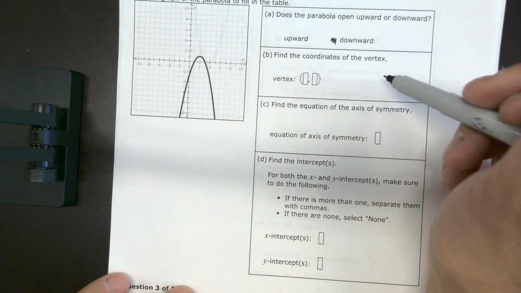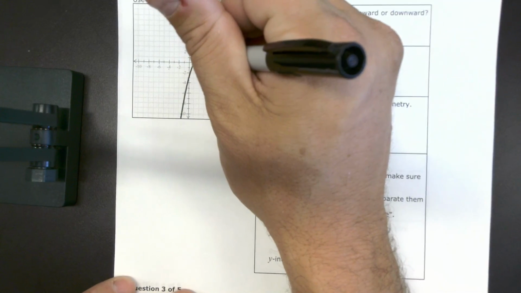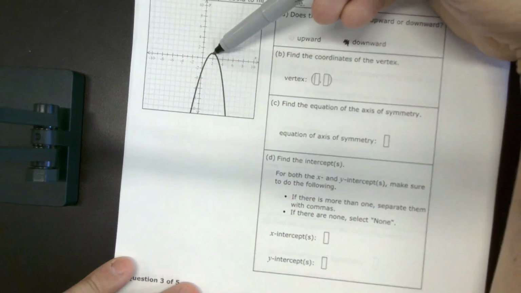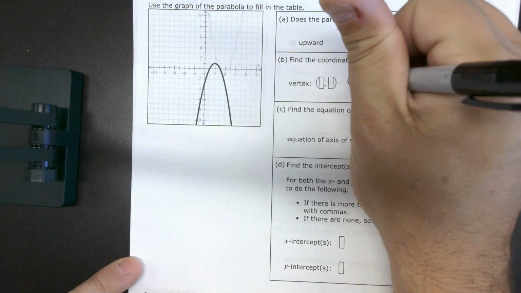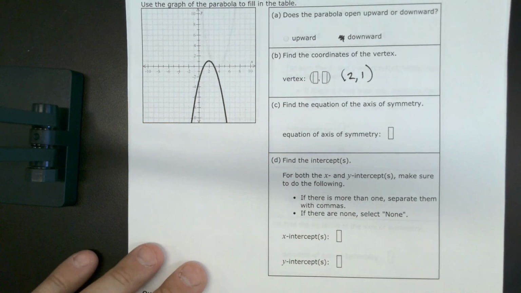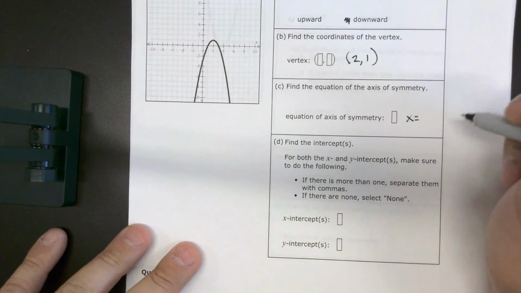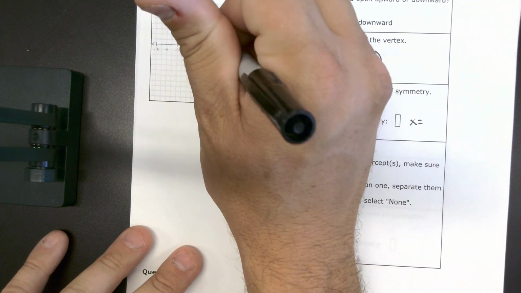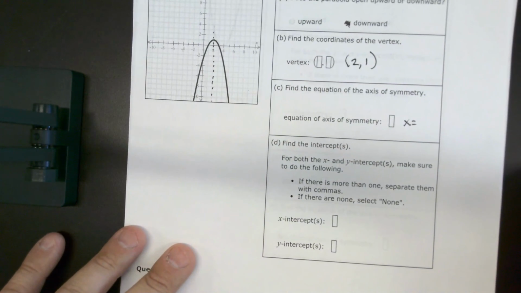Now it says find the coordinates of the vertex. The vertex is the point right here where it changes direction. So your vertex would be 2 and 1. Now look at this. The equation of the axis of symmetry is whatever line goes through the x-axis.